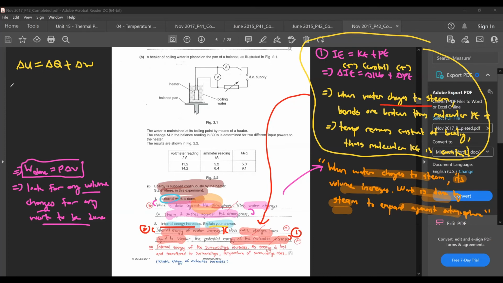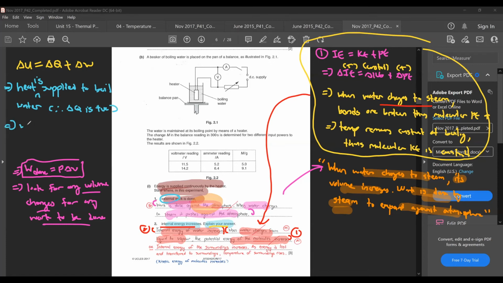You can also kind of explain it. Number one, you can just say heat is supplied to boil water. This indirectly already means that delta Q is positive.